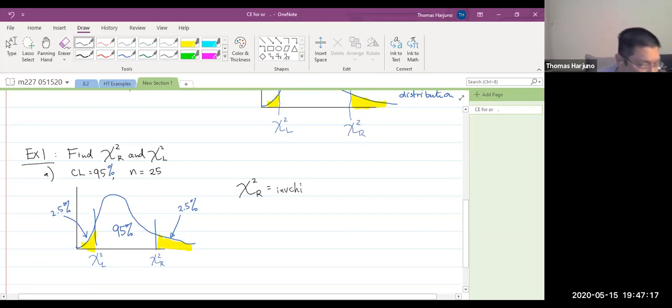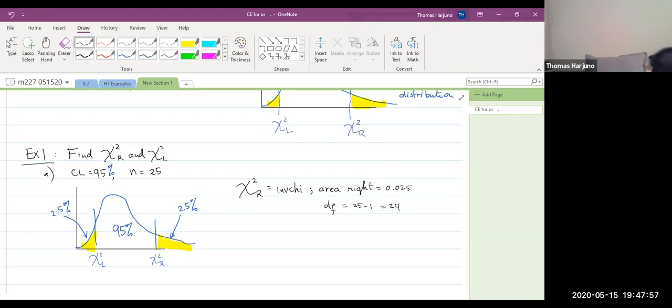And then the area to the right is 0.025. And then degrees of freedom is 25 minus 1, that's 24. Your calculator will take some time to compute it.